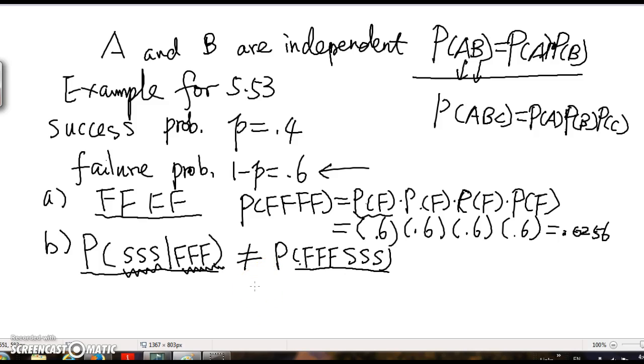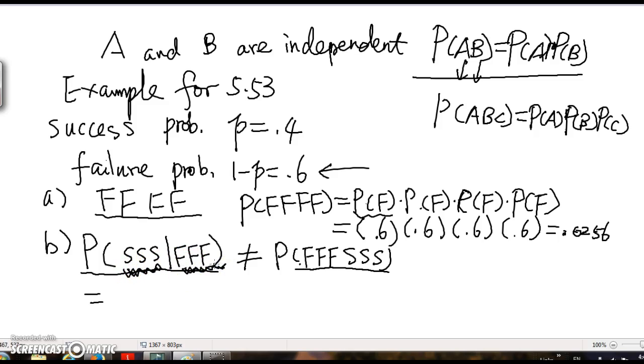Well, so we have the conditional probability. We have a formula before. In fact, in this case, we don't really need to use that formula because these 2 events are independent.